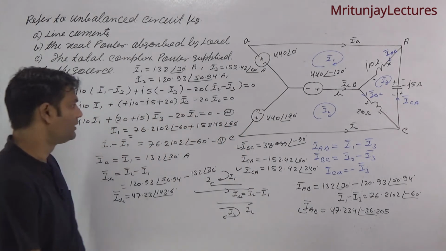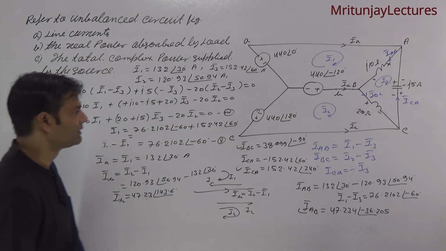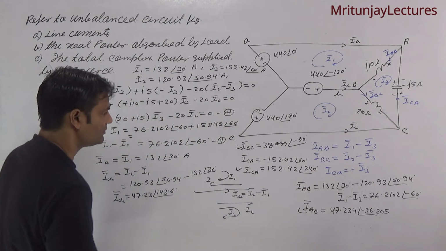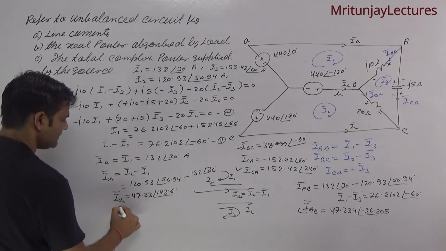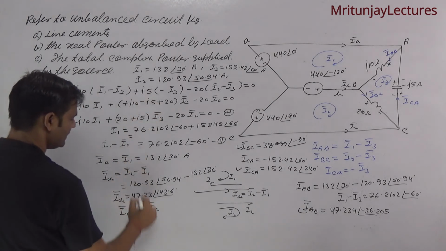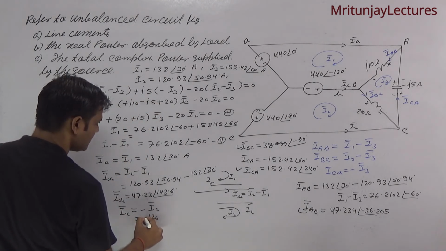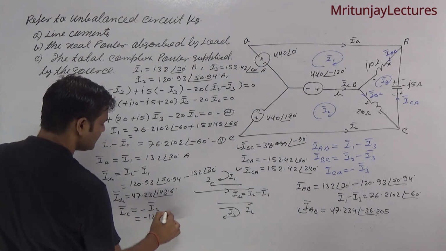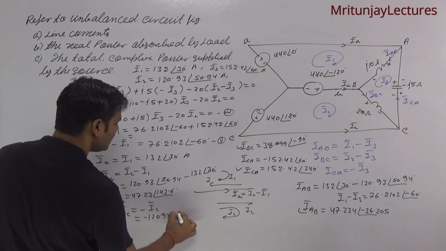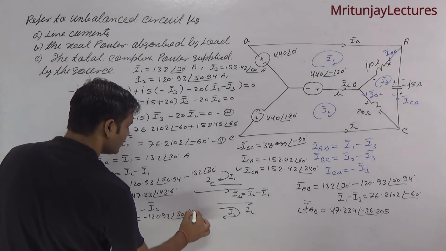Now what about IC? IC means this one. IC is opposite to I2. So IC is equal to minus I2. I2 is 120.93 at the angle 50.94.